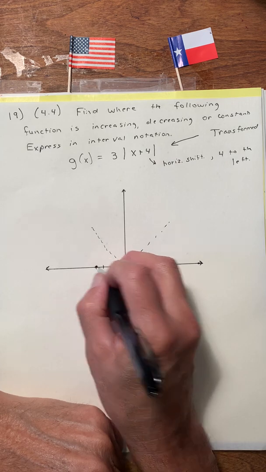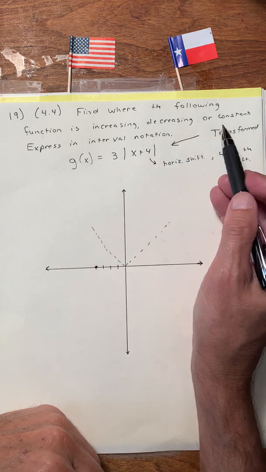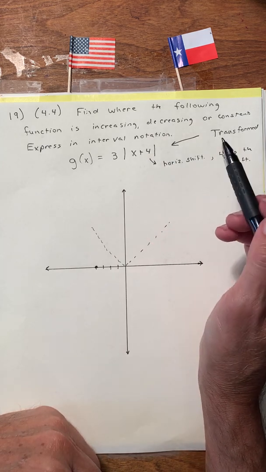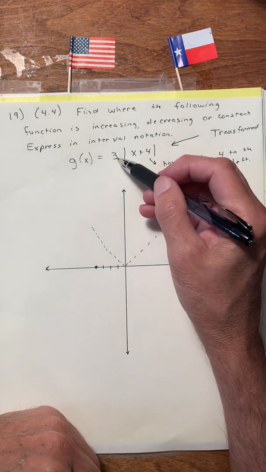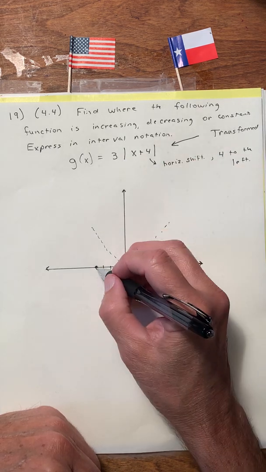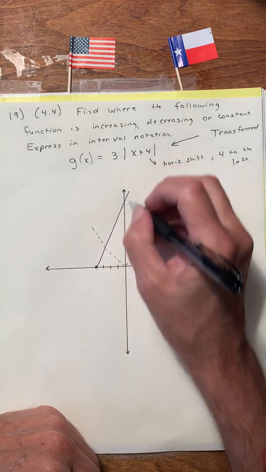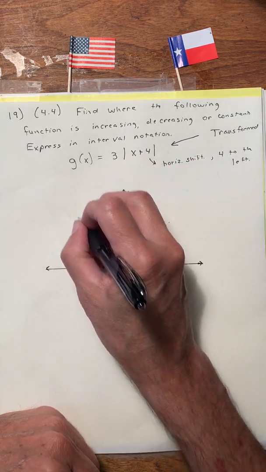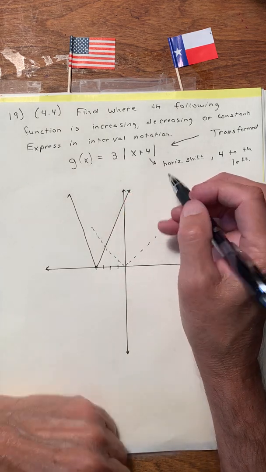This is all the information I need to know what the increasing, decreasing, and constant intervals are. Here's why. The 3 stretches the thing out. It makes it a little bit thinner, but it still doesn't change the fact that this part is increasing and this part is decreasing. All right.